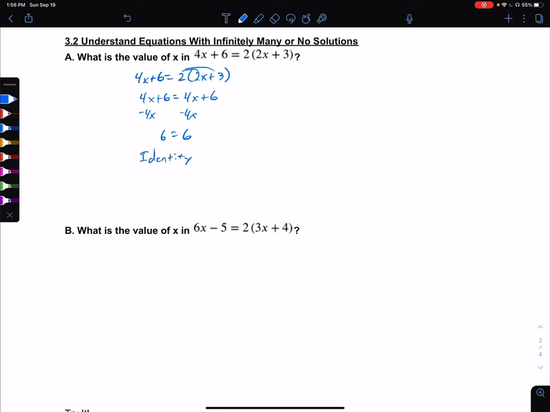What that means is that the values of the left and the right are the same. They're always the same. And in an identity, we would say that we have infinitely many solutions. No matter what number you plug in for x, the equation is going to work out.